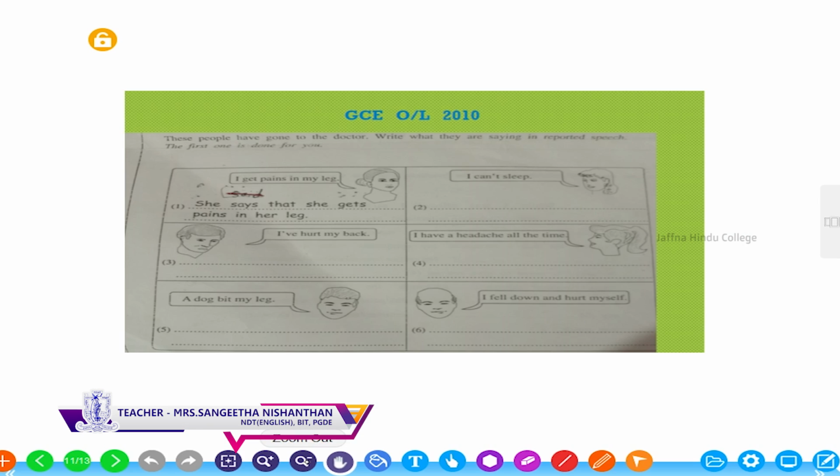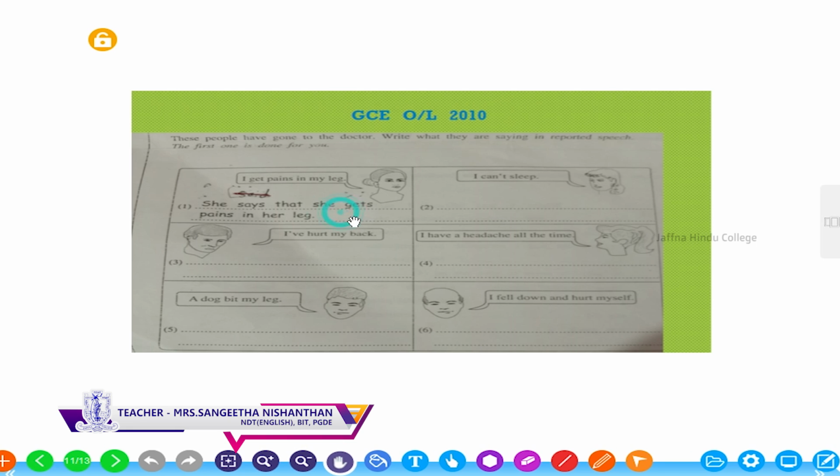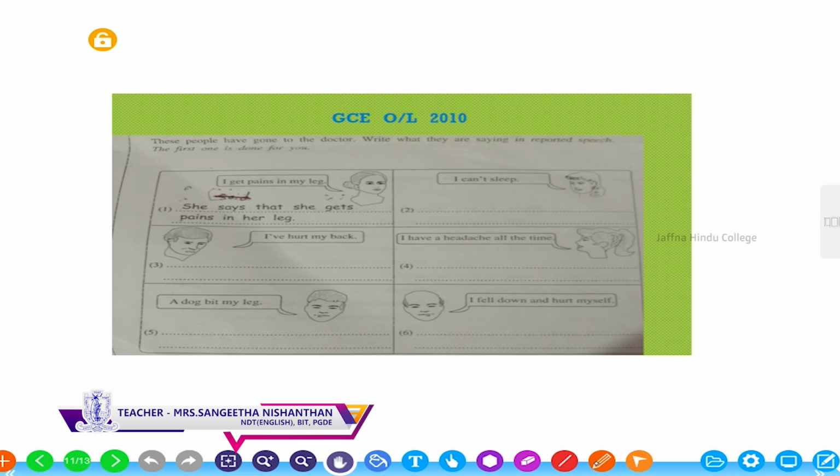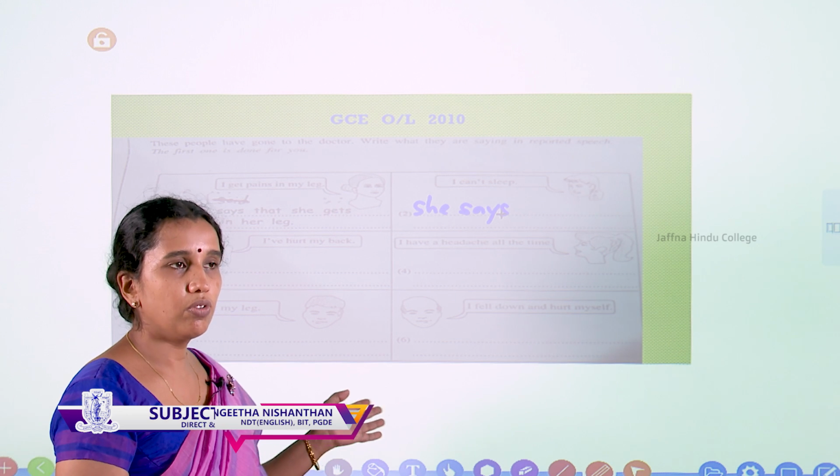I get pains in my leg. She says that she, the subject is changed to she, so get changed as gets, pains in her leg. The second one, I can't sleep, so you should write she says. They have given says in the example, so we should follow that.